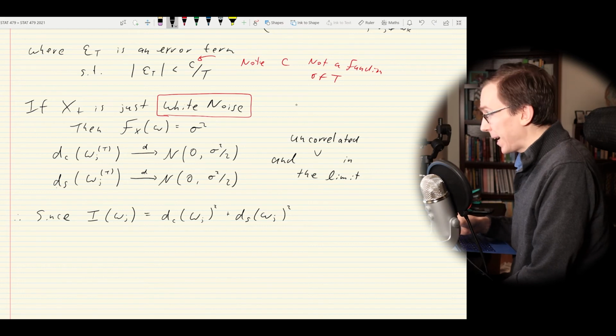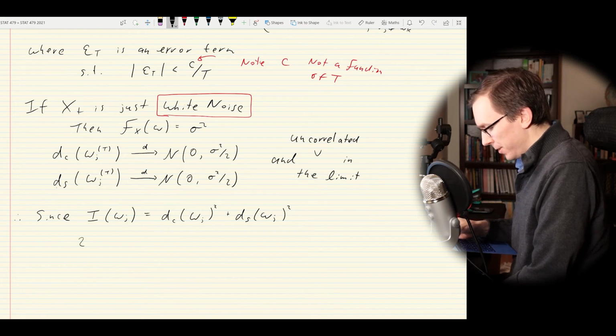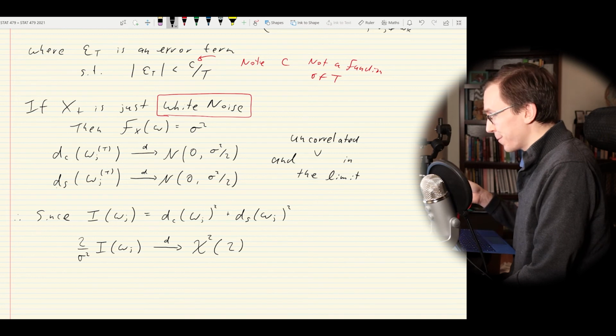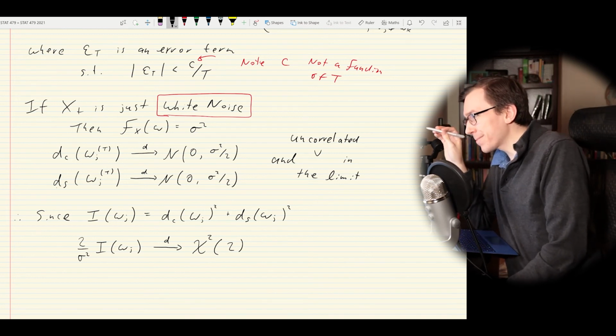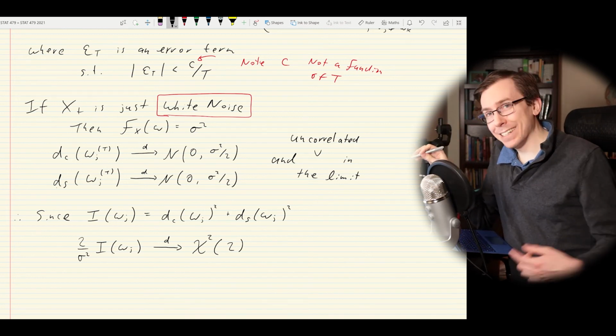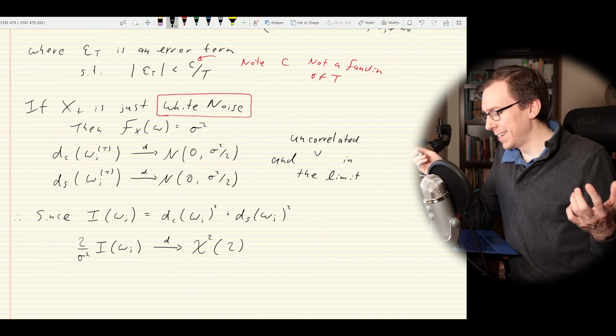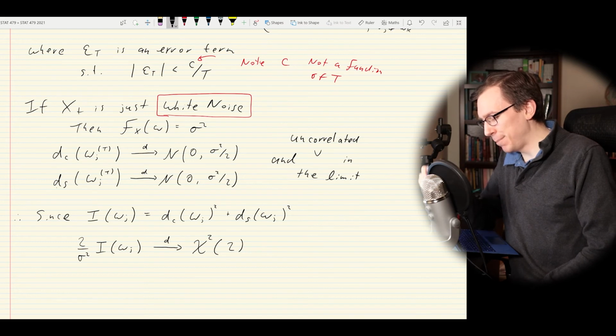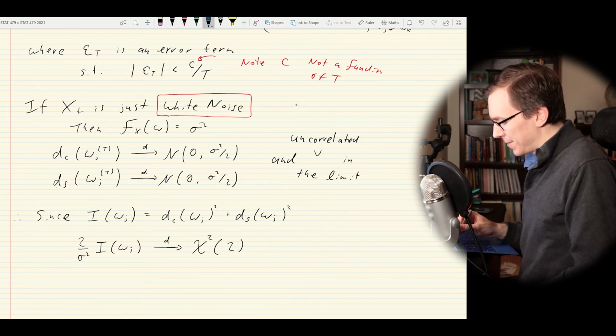Since this is true, 2 divided by sigma squared times I(omega_j) is going to converge in distribution to a chi-squared distribution with 2 degrees of freedom, which is a lot like what we talked about in the previous part about ANOVA, saying that there's 2 degrees of freedom associated with each frequency in the periodogram.